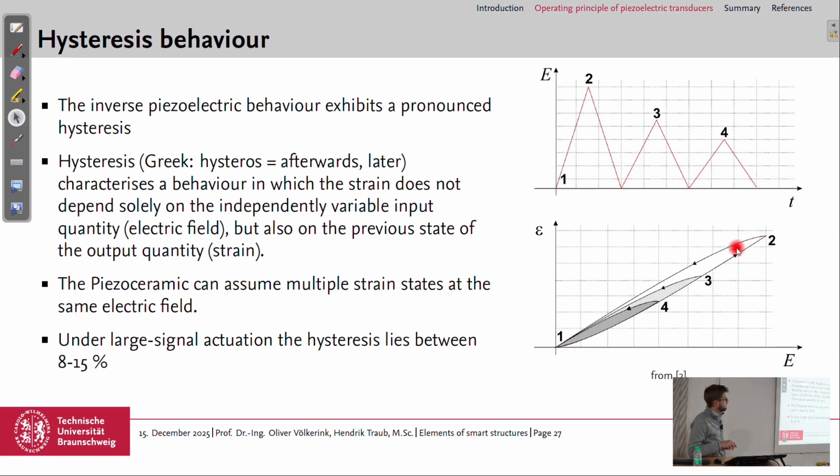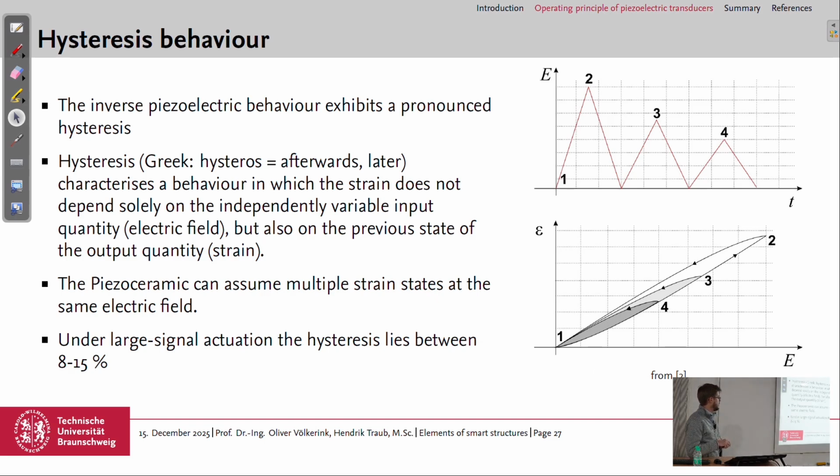Then we remove the field again to 0, back at point 1, then we apply a field again to point 3, but a lower field than before, then we remove the field again, and then point 4 going up again, but an even smaller field, coming down again, and you can see that the area under the curve is also smaller if we apply smaller fields.